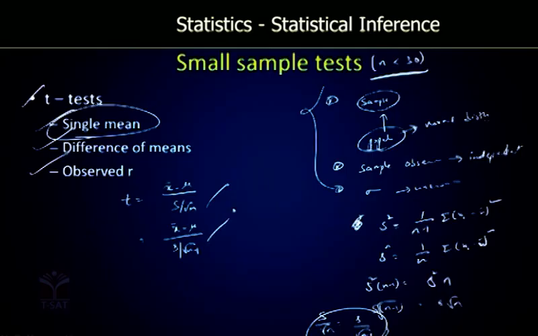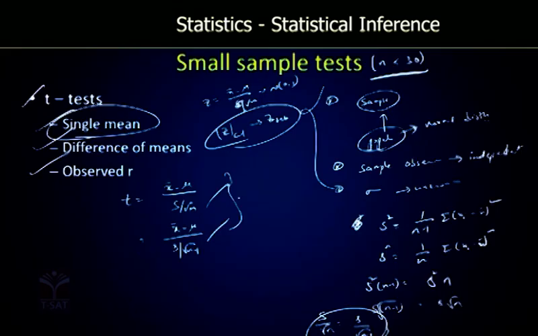Now in the Z statistic, what did we do? The Z statistic is x bar minus mu by sigma by root n, which follows normal distribution 0, 1, and we compare this Z calculated value with the Z table value. Similarly we must have a reference number to compare with these values.